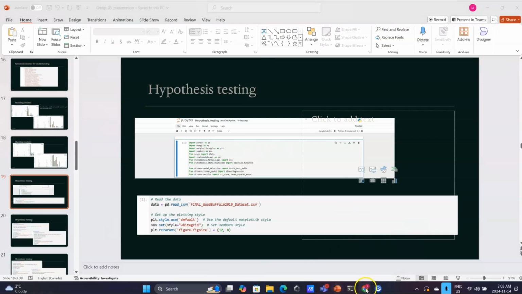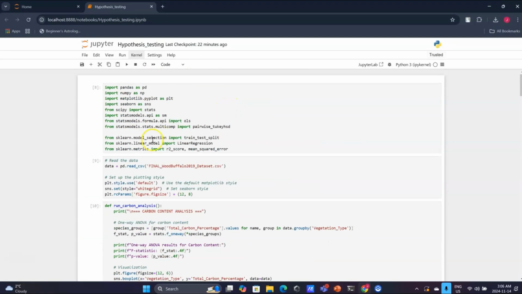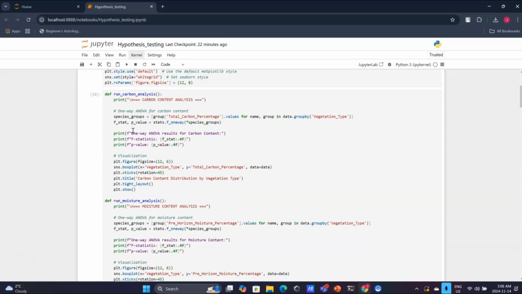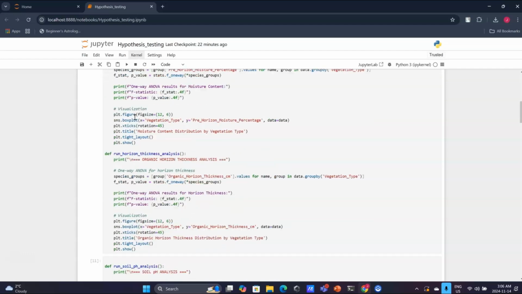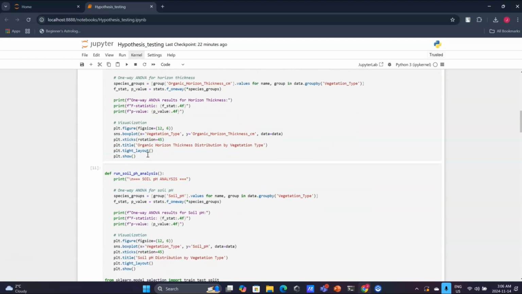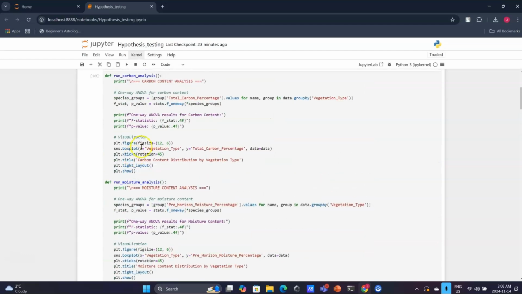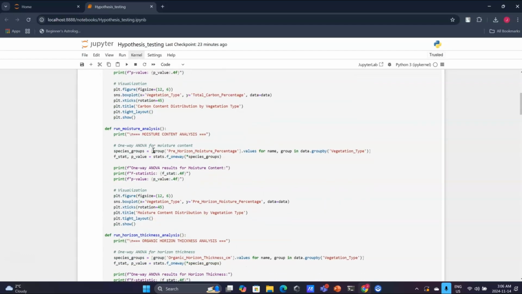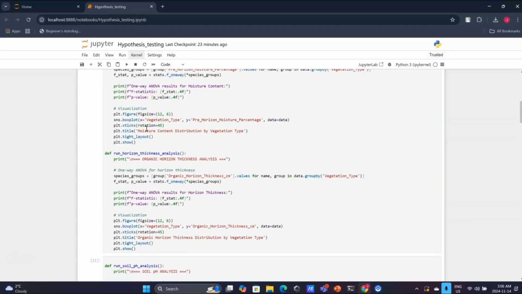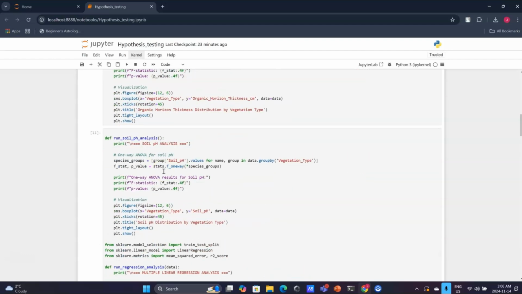For that, we first imported some libraries like Pandas, NumPy, Matplotlib, Seaborn, sklearn, and many more. Then we checked the carbon analysis, like how much carbon content is in each species. Then the moisture analysis, then the horizon thickness analysis, and then the soil pH analysis. In the carbon analysis, we ran a one-way ANOVA test, also for the moisture and the horizon thickness.